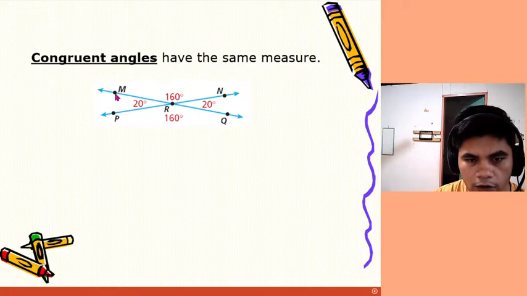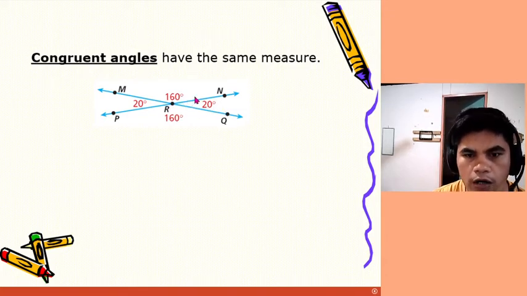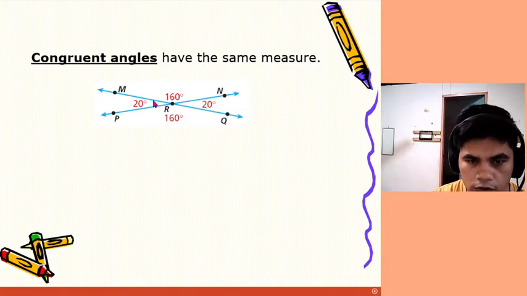And we have angle MRP and angle NRQ, or QRN. They are congruent because their measurement is 20 degrees.